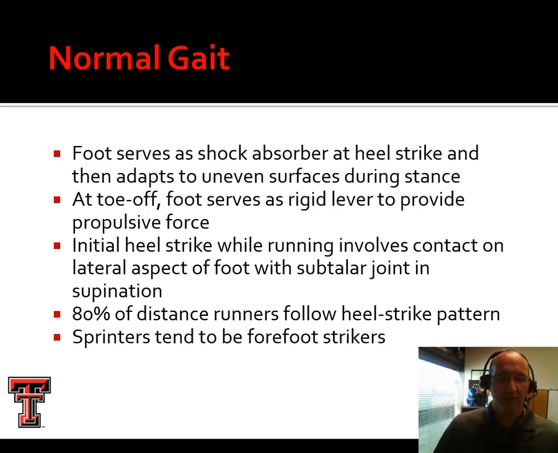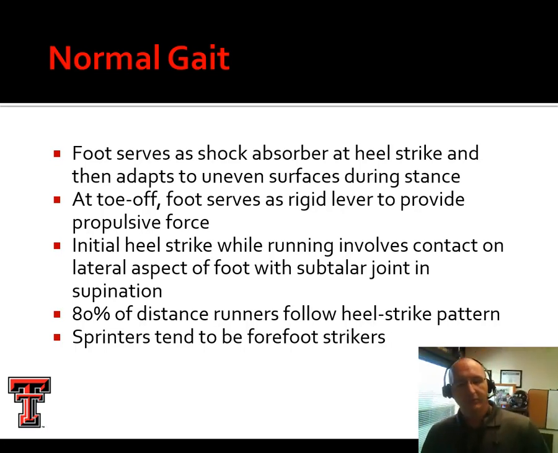We know that depending on how we are running, our gait changes a little bit. So if we're distance running, more of an energy conservation method, at sub-maximal speed, then we're going to use a very similar pattern of shock absorption and propulsion. On the other hand, sprinting is actually highly inefficient in terms of energy consumption.